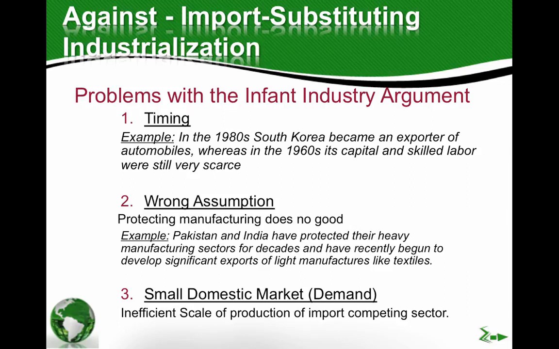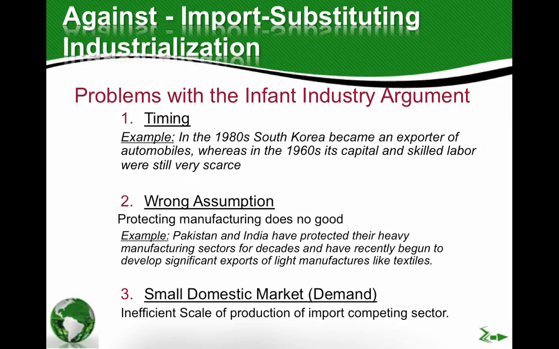And then the third is, well, what if you do protect your industry and the industry is producing for the domestic market, but the domestic demand is too small? It's so small that you're actually producing at an inefficient scale of production. That means you're producing such a small amount that you can't really avail of economies of scale that might exist in the industry. Right?